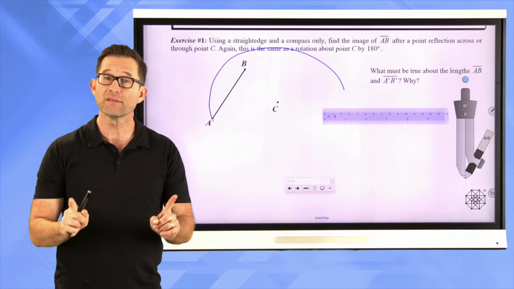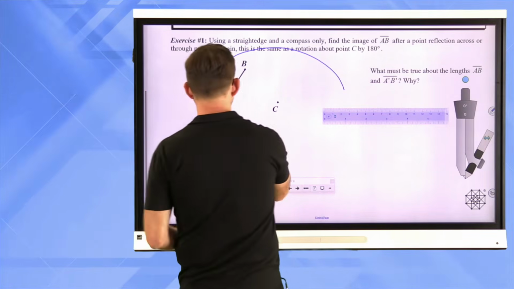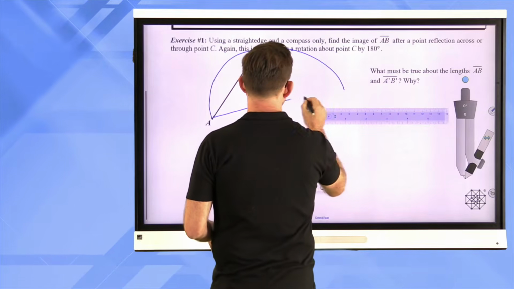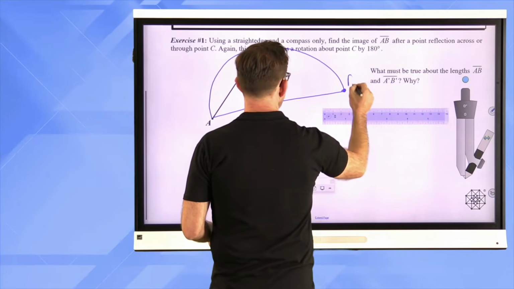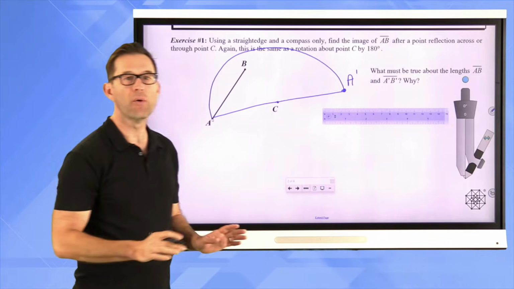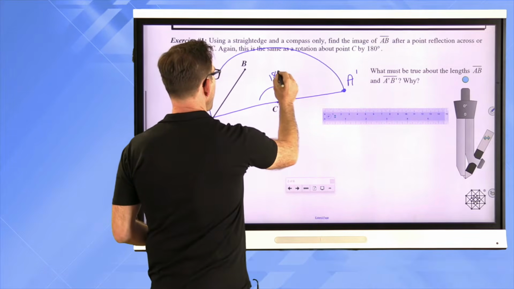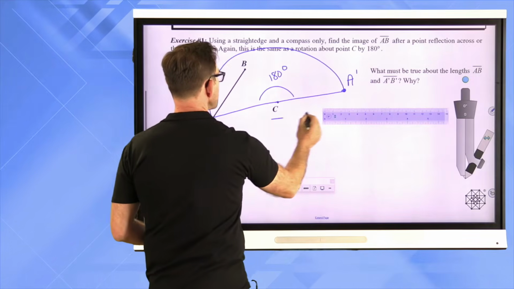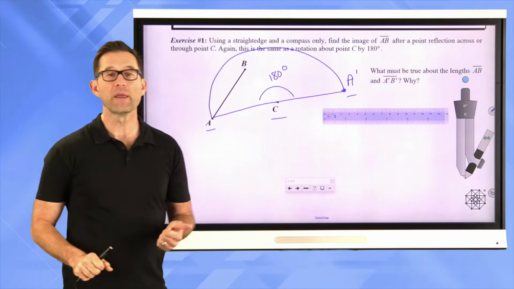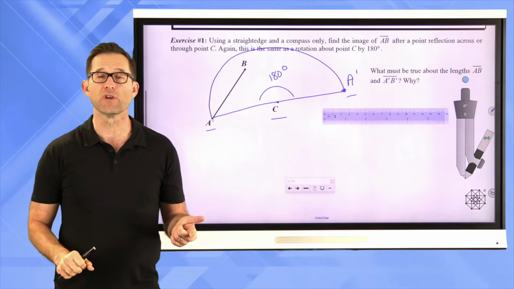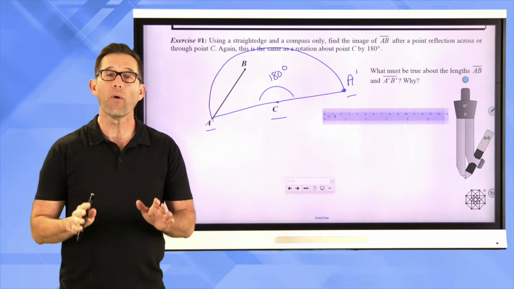Now, because it's 180 degrees, the angle that it will make, and we'll do this for real in a moment, will be a 180 degree angle, which means that these 3 points, the pre-image point, the center of rotation, and the image point, will all be collinear.